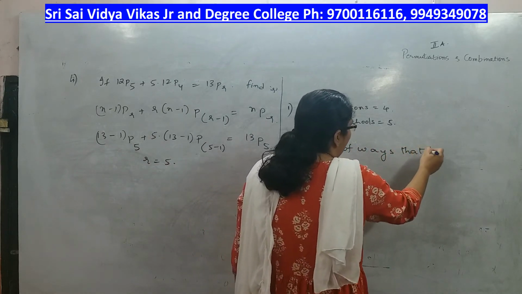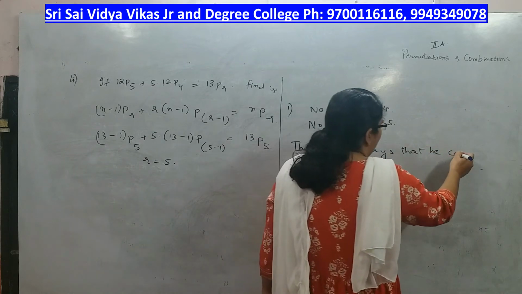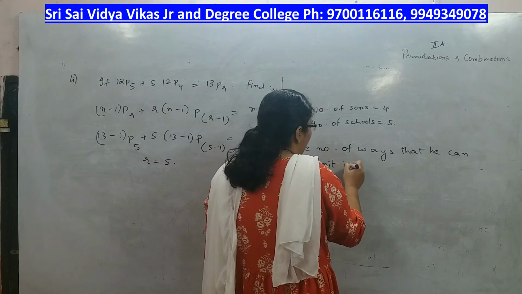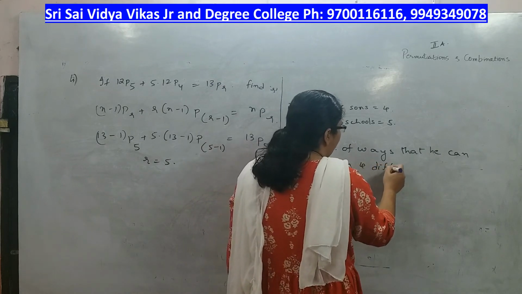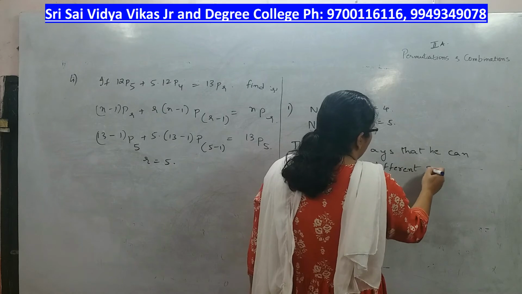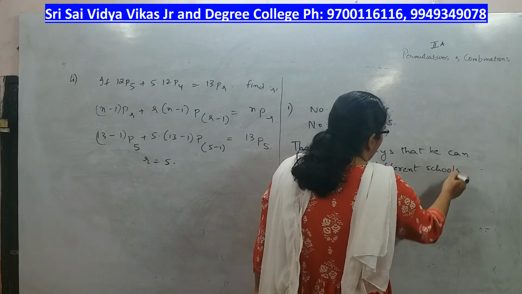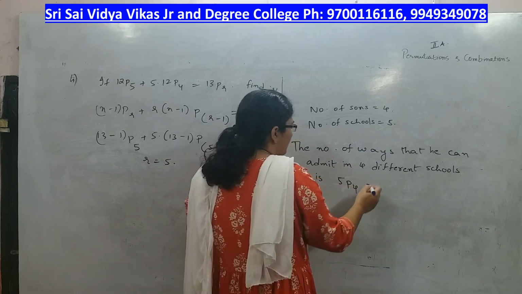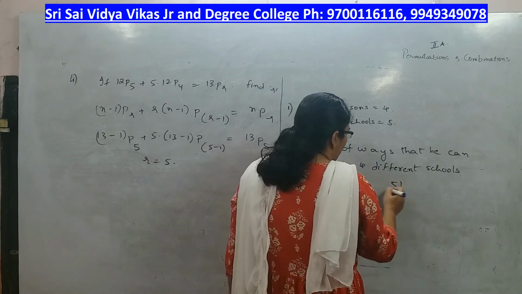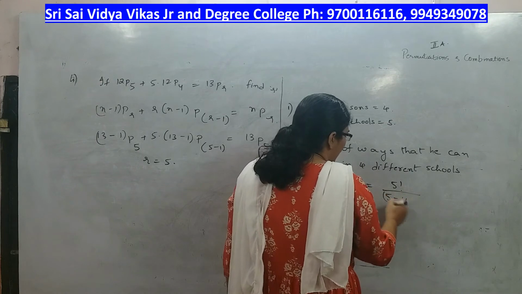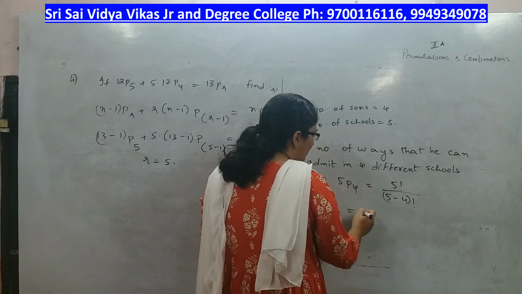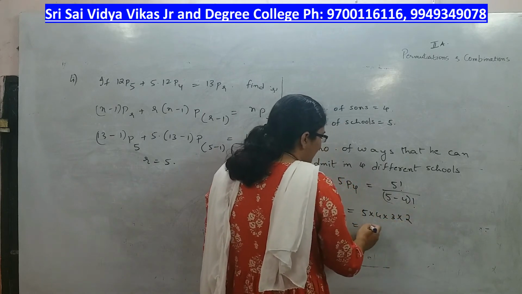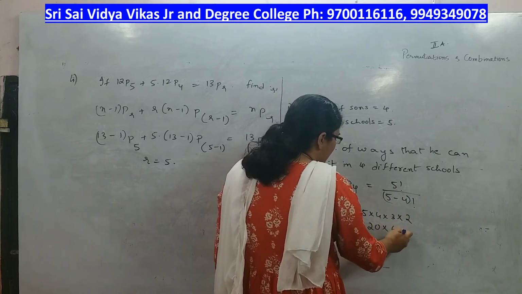The number of ways that he can admit them in 4 different schools is 5P4, that is equal to 5 factorial by (5 minus 4) factorial, that is equal to 5 into 4 into 3 into 2, that is 20 into 6.